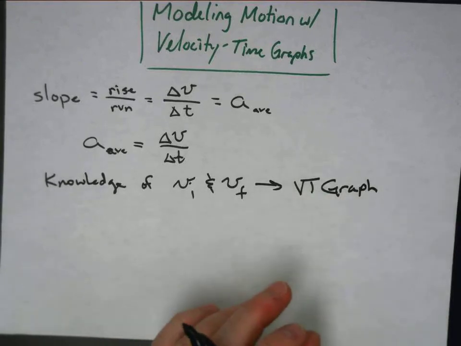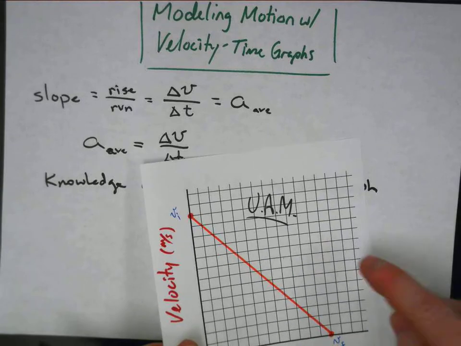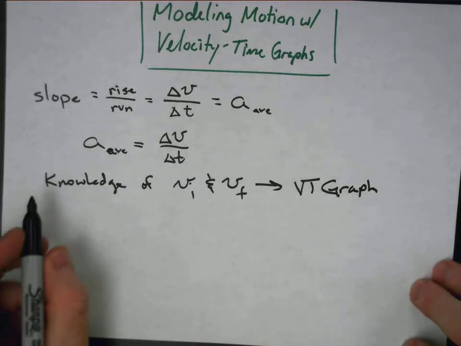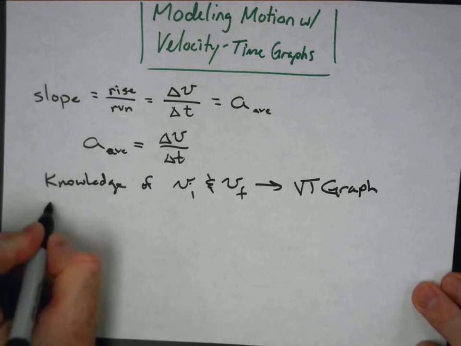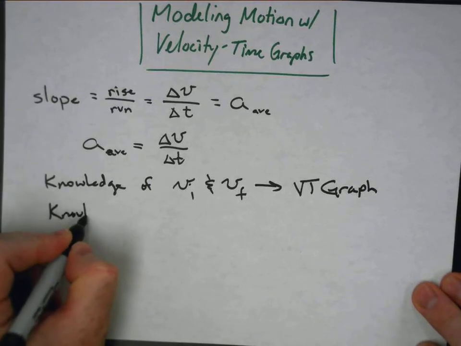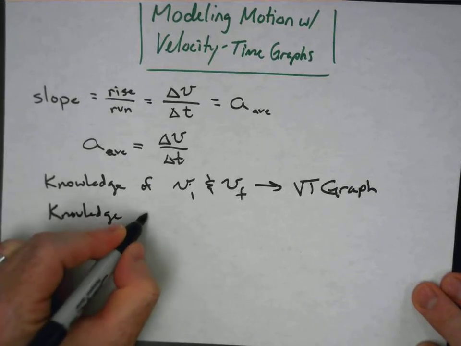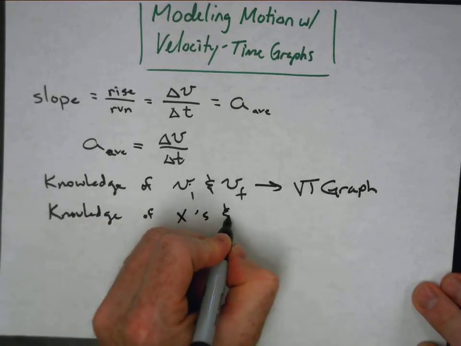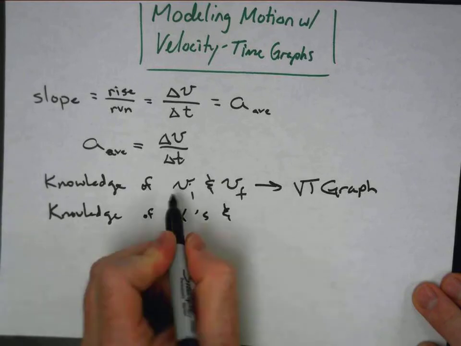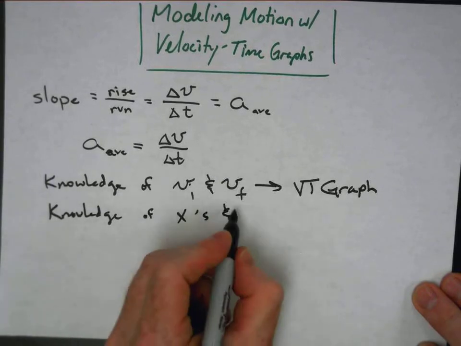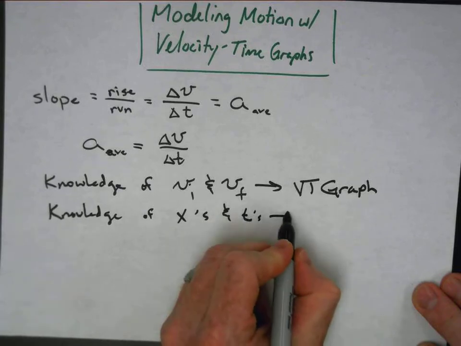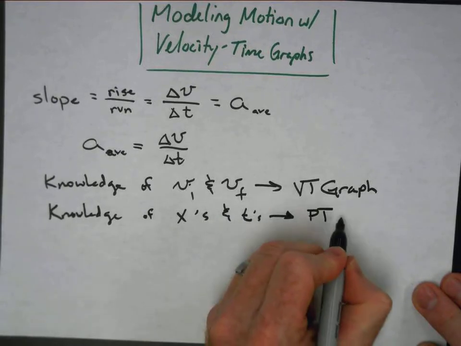It does involve the assumption of UAM, perhaps, but that's often a safe assumption we can make. Instead, if you've got knowledge of positions and times, then of course you're making a position time graph instead.